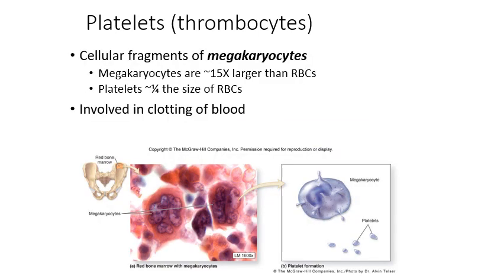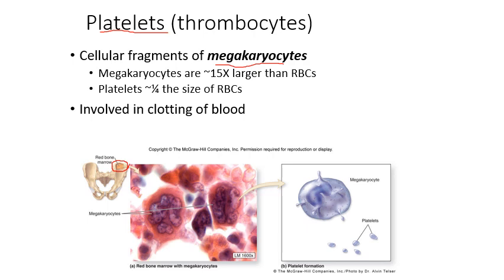Another formed element of the blood is the platelets. These are not cells, they are fragments of a cell. There are these megakaryocytes that reside in the red bone marrow.